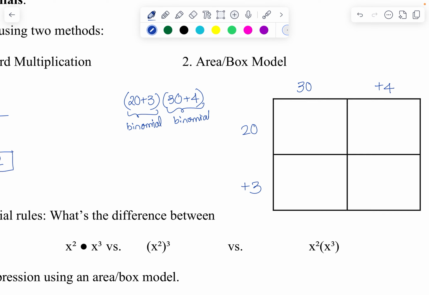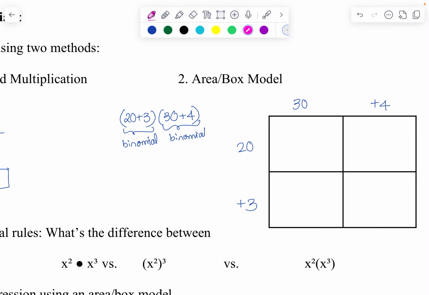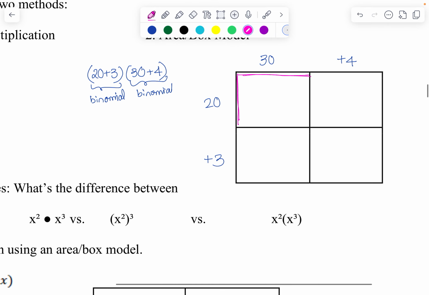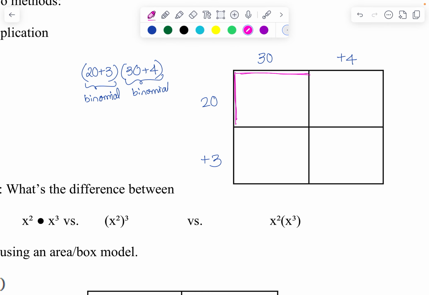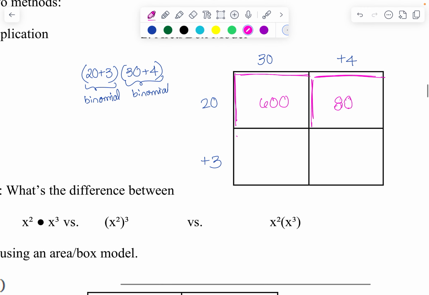If I were to find the area for each of these, I'd be taking the length times the width. In this case, 20 times 30 gives me 600. Over here, 20 times 4 gives me 80. Just finding the area for each of these boxes. 3 times 30 gives me 90.